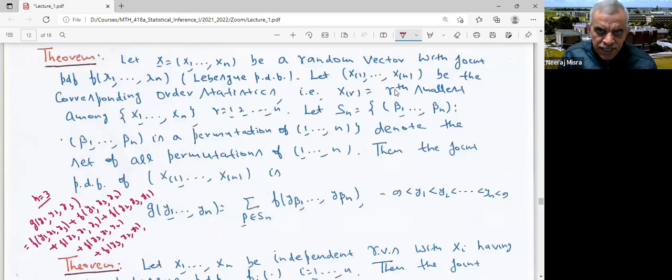The only thing is, because they are order statistics, they should be restricted to the condition that minus infinity less than y1 less than y2 less than y3 less than infinity.